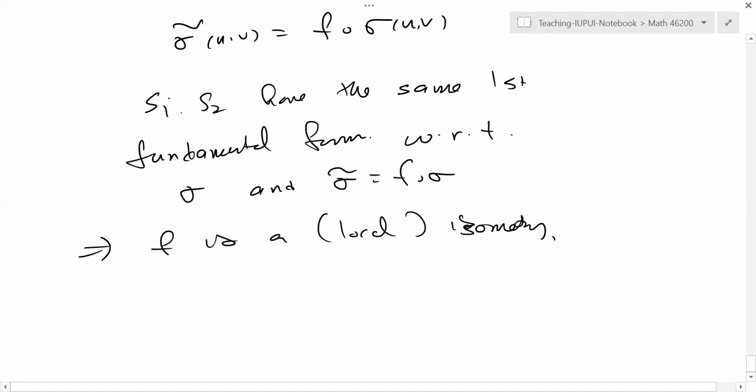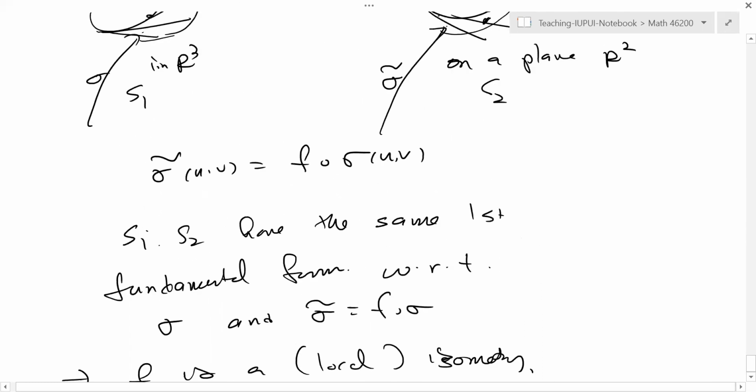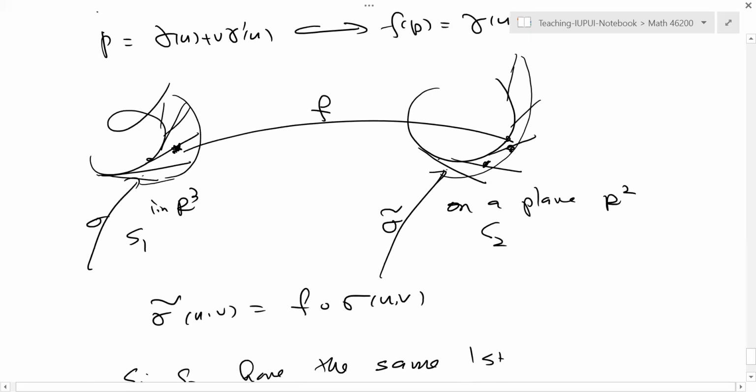So we get a diffeomorphism from a curved space to a flat space. That's weird, right? This kind of map is very important. This is a curved surface. Whatever you see, say you have a picture here, you get a flat picture here.